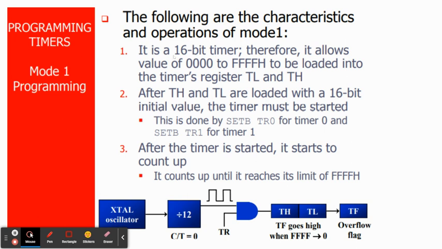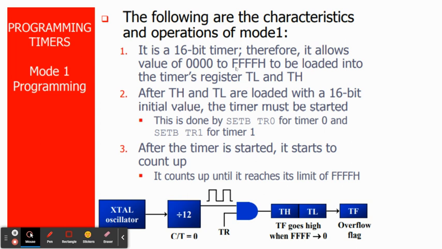First, it is a 16-bit timer. Therefore, it allows the value of 0000 to FFFF to be loaded into the timer's registers TL and TH. This four zeros is actually 16 zeros in binary.